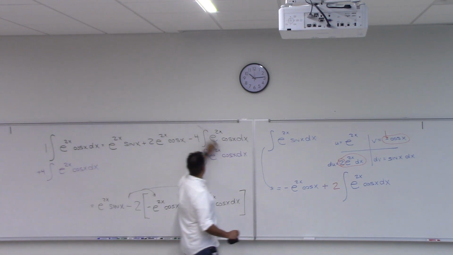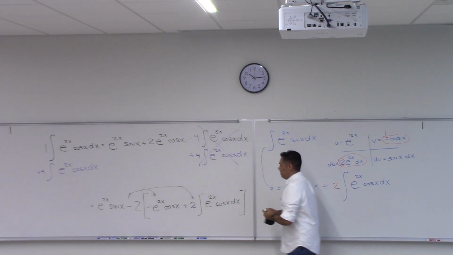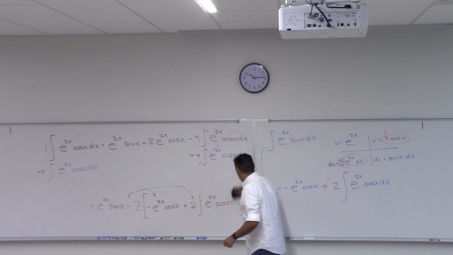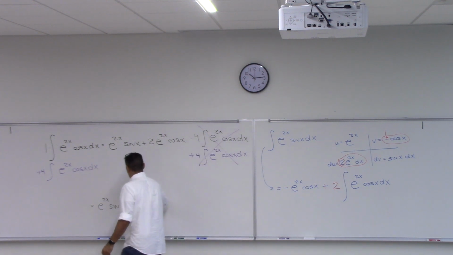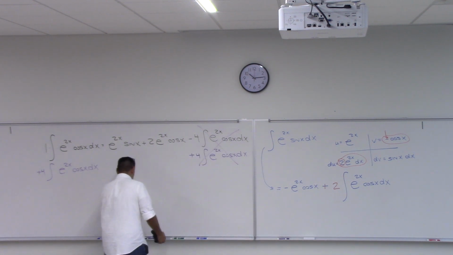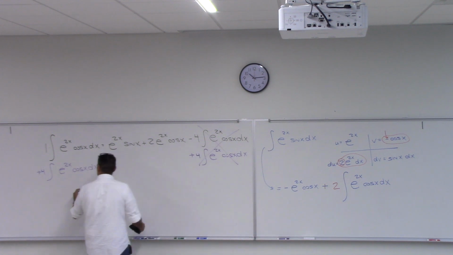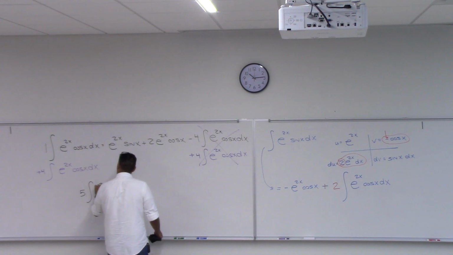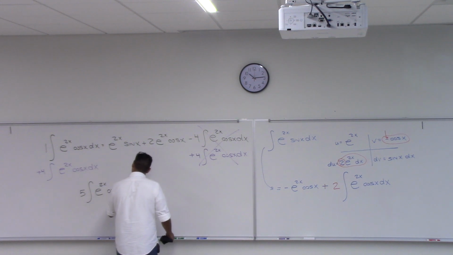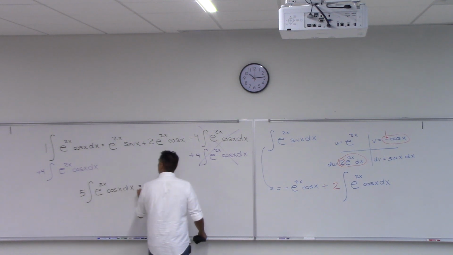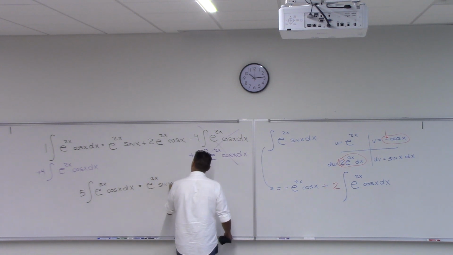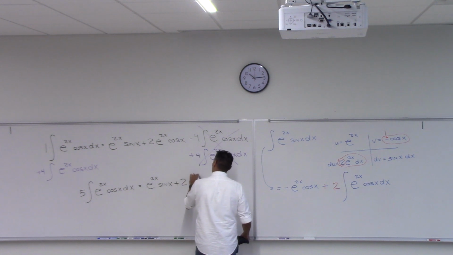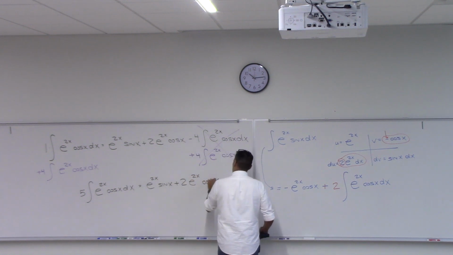It goes away here, right? Because you're adding the opposite. And how many integrals do I have over there now? I have 5 of them, right? So that means I have 5 of the integrals I'm looking for is equal to e to the 2x sine x plus 2 e to the 2x cosine x.